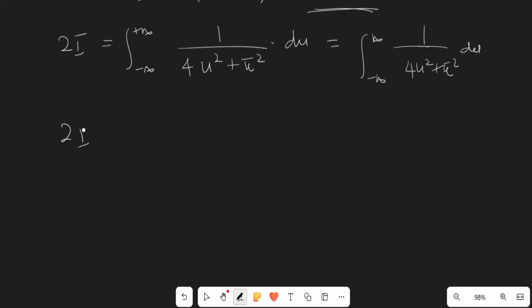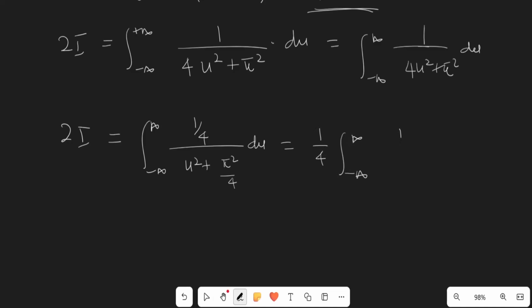So 2I is going to be, you can divide the numerator and the denominator by 4, which is the integral from negative infinity to positive infinity of 1 over 4 divided by u squared plus pi squared over 4 du. 1/4 is a constant, it can come in front. Integral from negative infinity to positive infinity of 1 all over u squared plus, this one can be written as pi over 2 all squared, du.